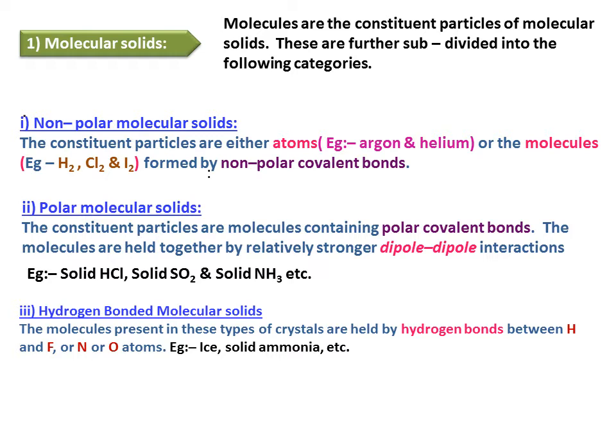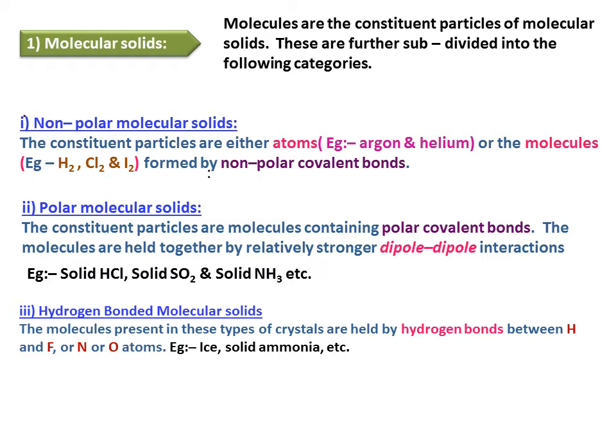These are molecular solids held by hydrogen bonds between hydrogen and fluorine, nitrogen or oxygen atoms. Examples: ice, solid ammonia, etc. So molecular solids are classified into non-polar, polar and hydrogen bonded molecular solids.